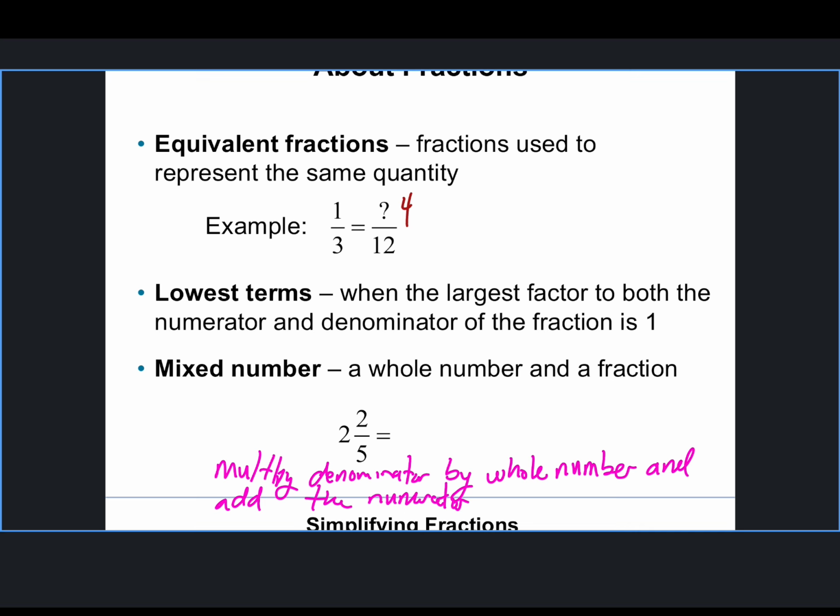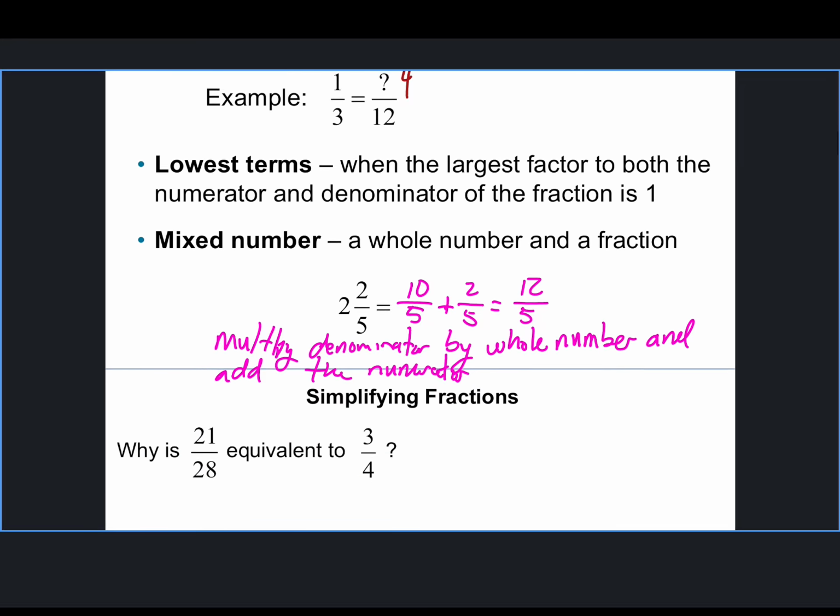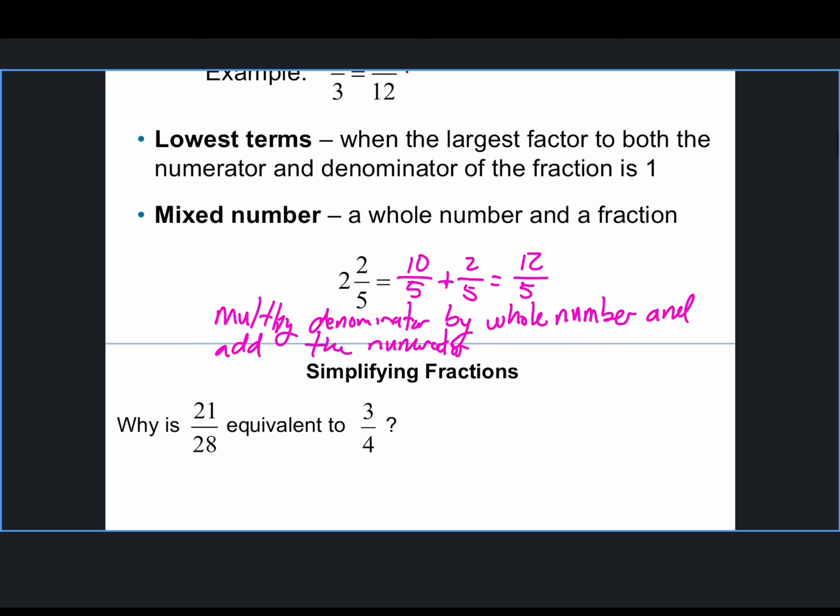So 2 times 5 is 10 over 5 plus the numerator, 2 over 5. And 10 plus 2 is 12. Don't worry, we'll have plenty more examples of that.